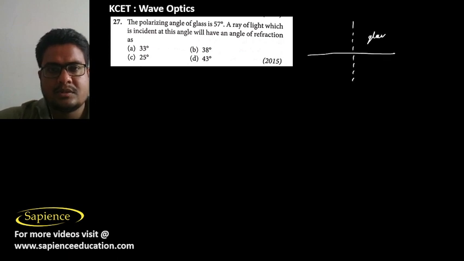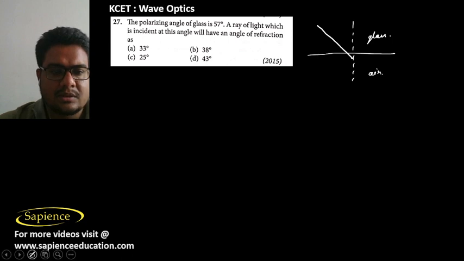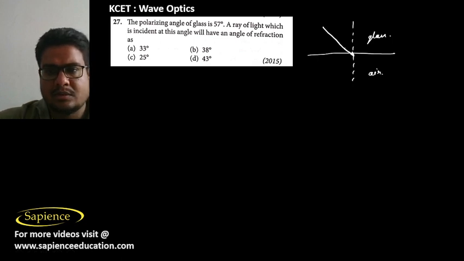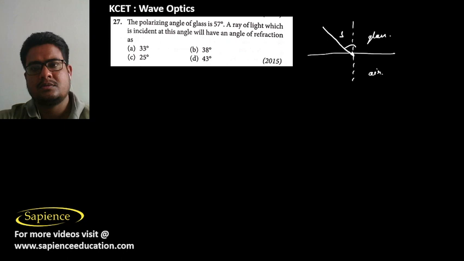So here there is glass, there is air. The polarizing angle of glass is 57 degree, which is equal to IP.